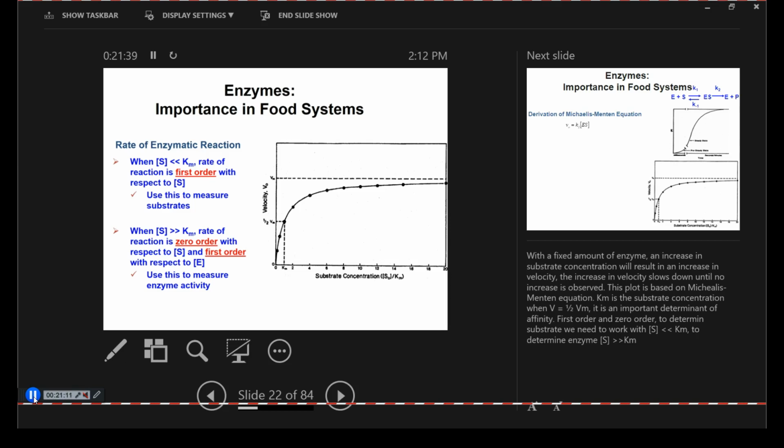So I make sure I have an abundance of enzyme so that my reaction is 0 order with respect to enzyme, no more impacted by enzyme, but it's impacted by the substrate concentration. On the other hand, if I want to measure enzyme activity, I want my reaction to be sensitive to the enzyme activity.